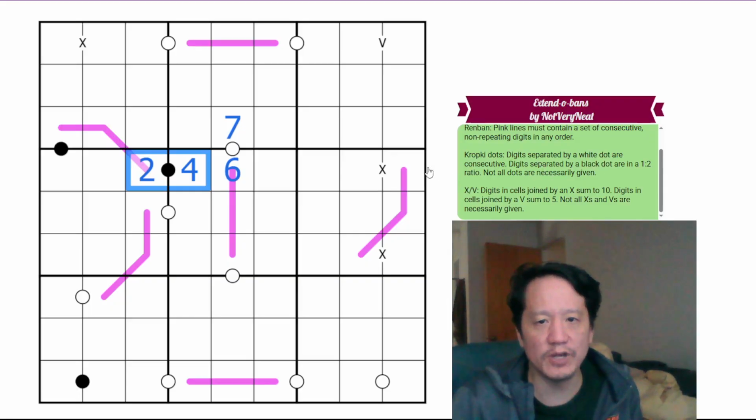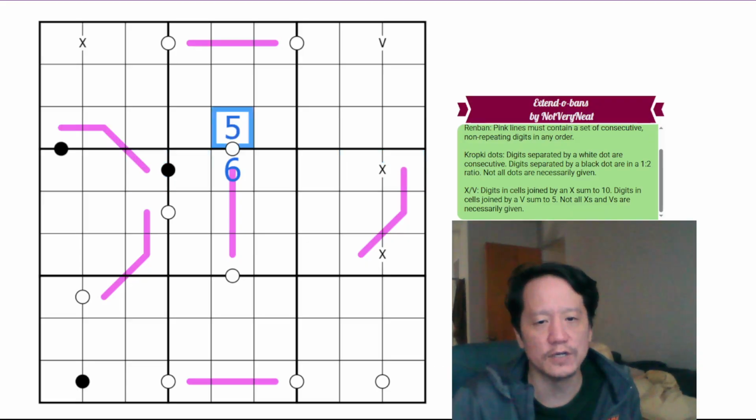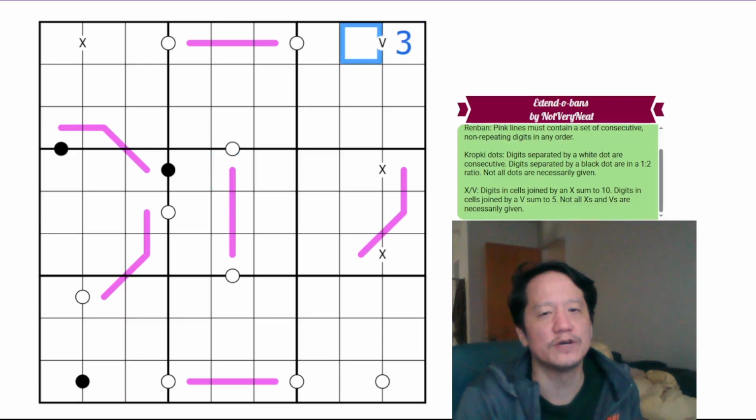And finally, we have X's and V's, where digits in cells joined by an X sum to 10, digits in cells joined by a V sum to 5, and not all X's and V's are necessarily given. So, for example, if this were a 3, this would have to be 2.